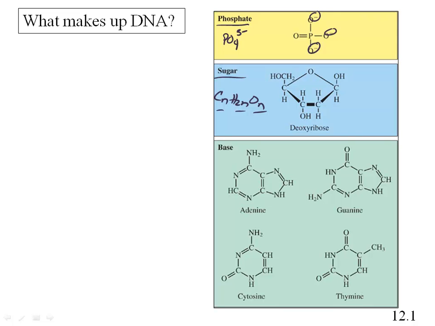And then we have what we consider the base of the DNA, and there are 4 bases. Here they are: adenine, guanine, cytosine, and thymine. Now, what we're going to find out is that these bases occur in pairs, and we'll call them base pairs.